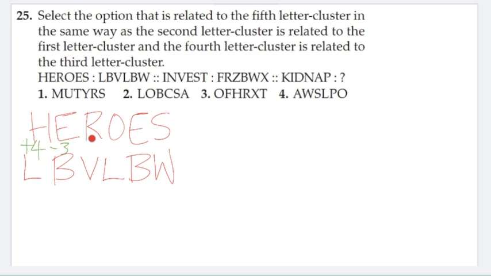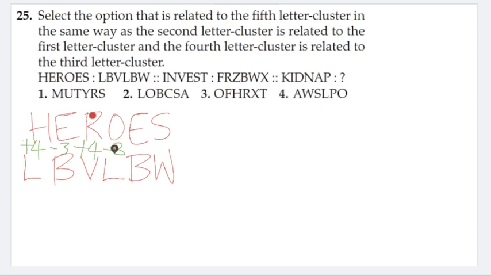And if we see R, it is again, I think, addition. So R is T, U, V. So it is plus 4 again. But if we see O, it is diminished to L, not addition. Here also it is subtraction. So L, M, N, O. So it is minus 3.